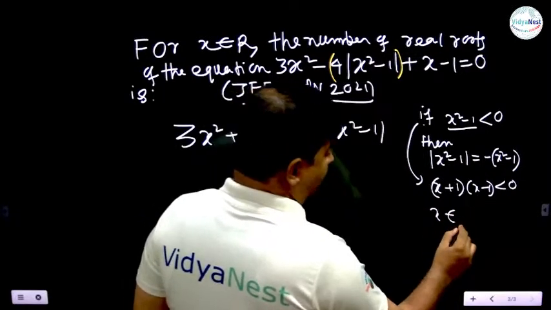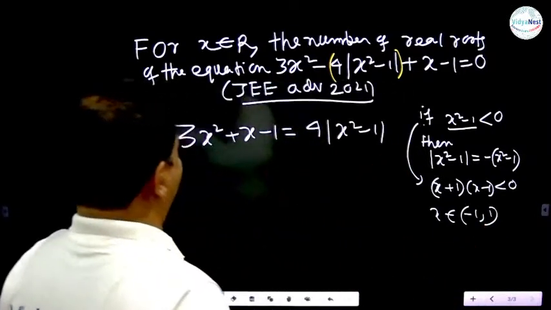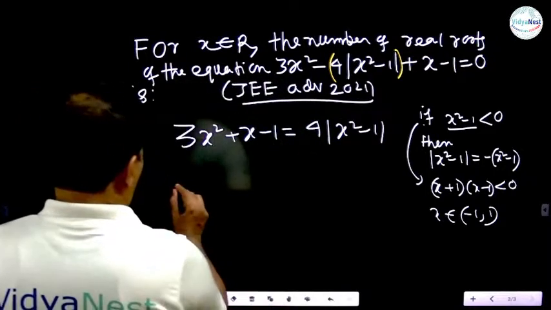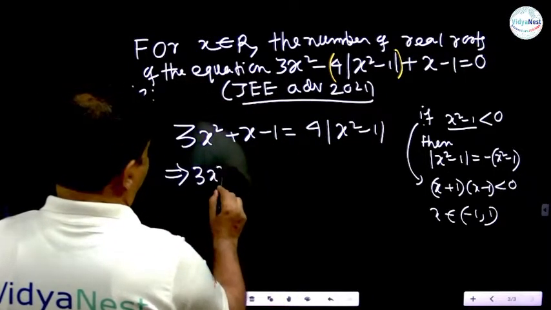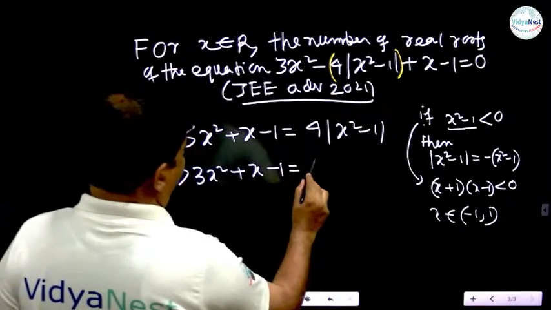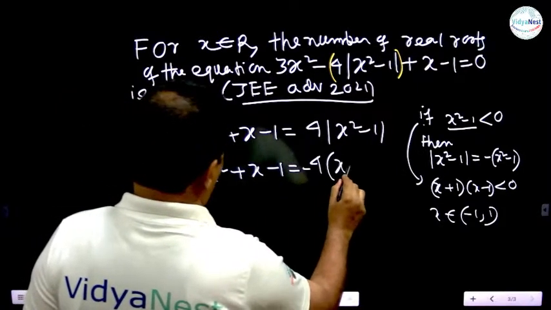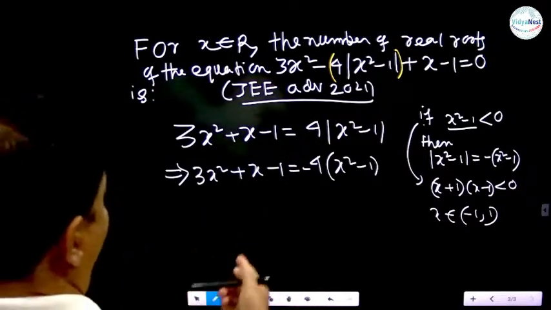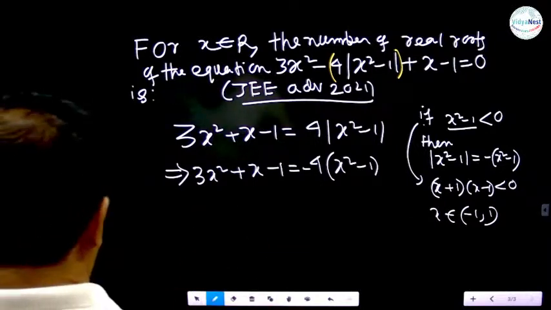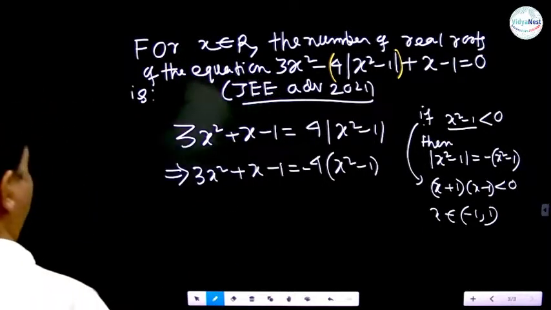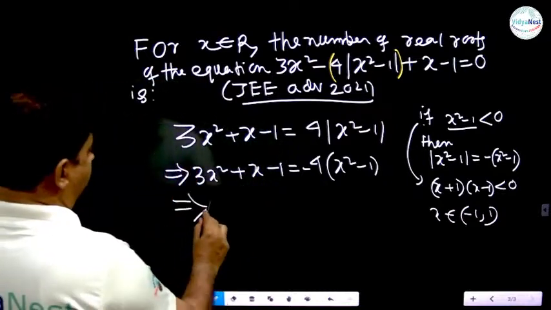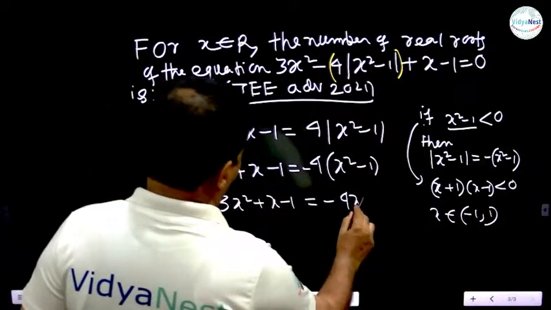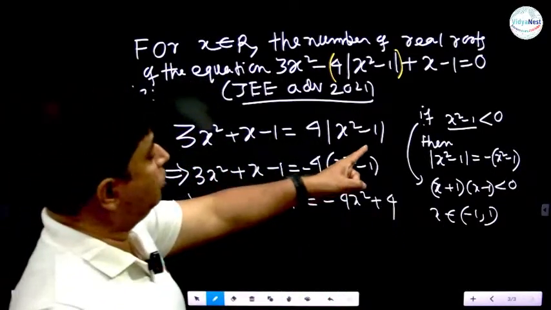By the wavy curve method I can write it lies in minus 1 to 1. So it will become 3x square plus x minus 1, 4 minus x square minus 1. So this removal of mod helps us, that we will check. Okay, hope you could follow this.